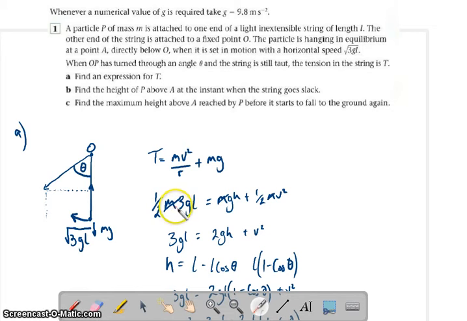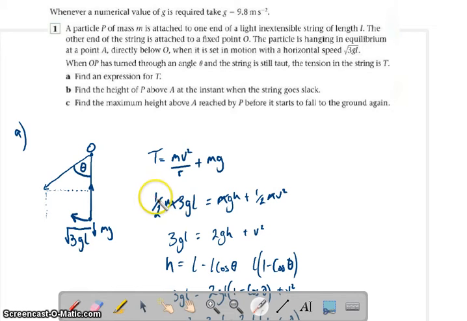As the initial kinetic energy is half mv squared, if you take root 3gl for v, you can square that and then you get 3gl.